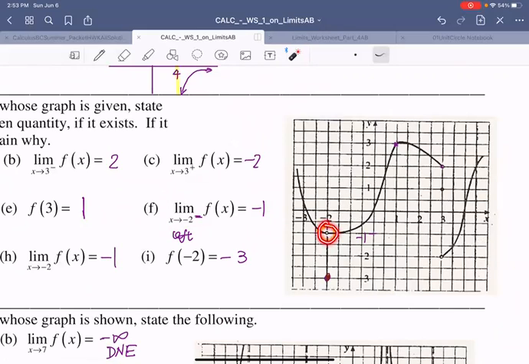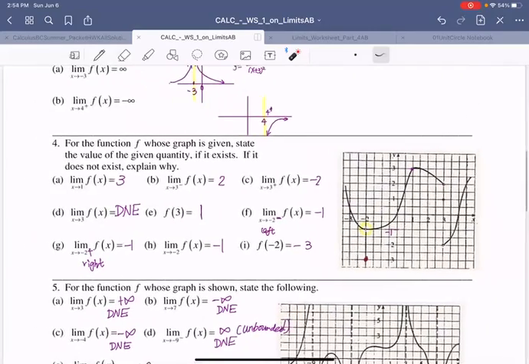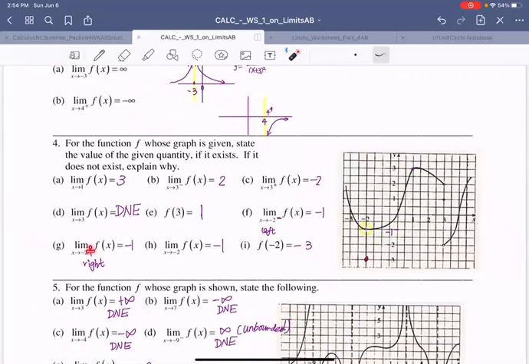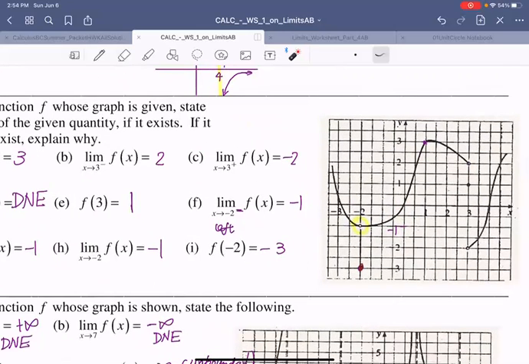This one, negative 2. Approaching negative 2 from the left, the value is negative 1. And then you approach negative 2 from the right, so it is still negative 1.